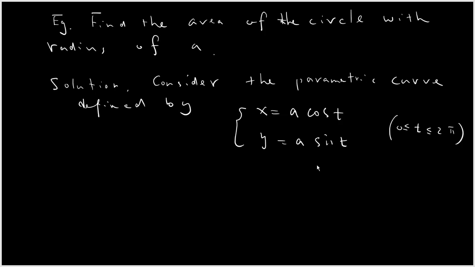Now we are trying to compute the area of the whole circle. The circle is something like that, centered at the origin. The radius is a. The same idea as we mentioned earlier.